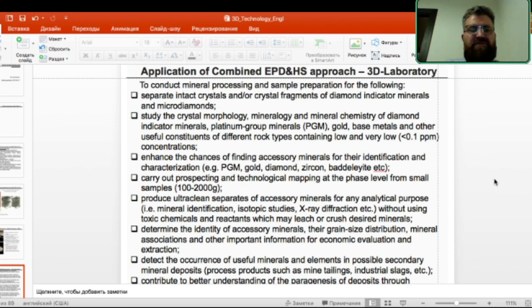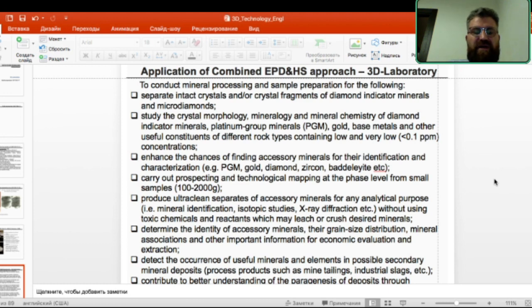Like the latest one is in Rosa. We just set up there a hydroseparator, and like a few years ago we've set up their EPD, so they're now happily using both methods to concentrate indicator minerals and microdiamonds as a single shot, because otherwise they would have been using caustic leaching for this dissolution of the media down to microdiamonds.